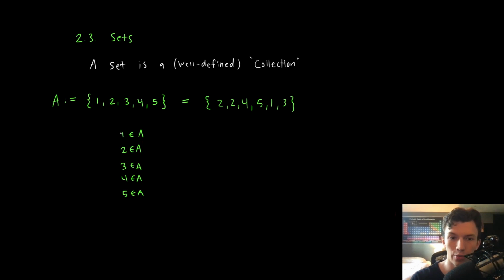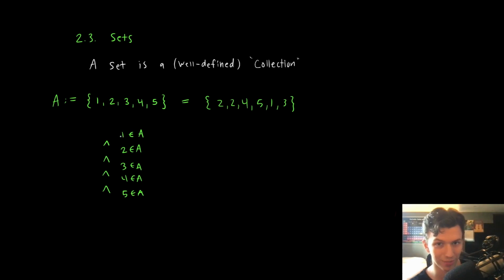So it doesn't see that 1 appears twice or 2 appears once or anything like that, or the order that they come in, because these are all just propositions. And remember, there's a conjunction in between each of these. And remember, a conjunction is commutative and associative, so you could rearrange them in any order, and it doesn't really matter. All this set A sees is 1 is an element, 2 is an element, 3 is an element, 4 is an element, and 5 is an element.